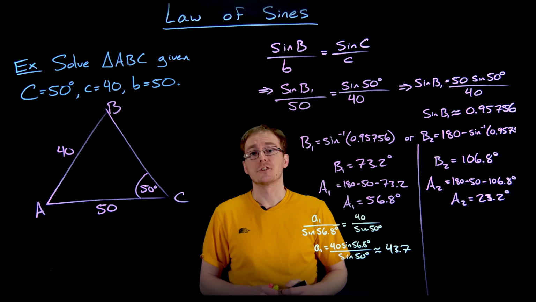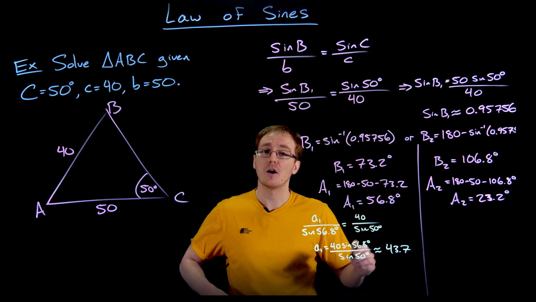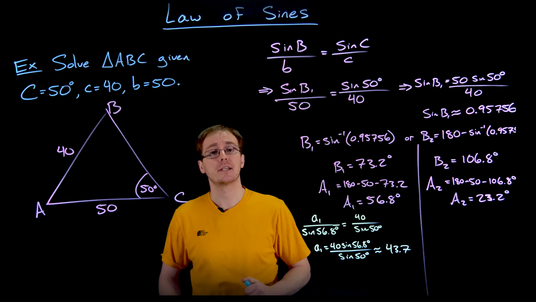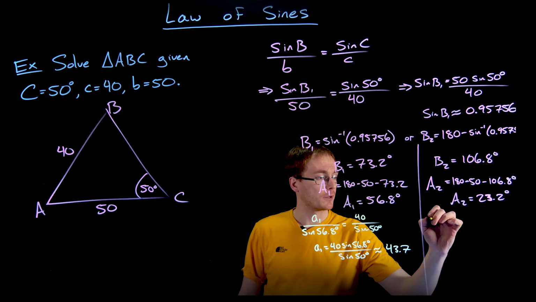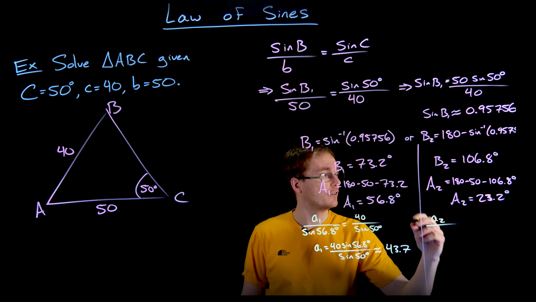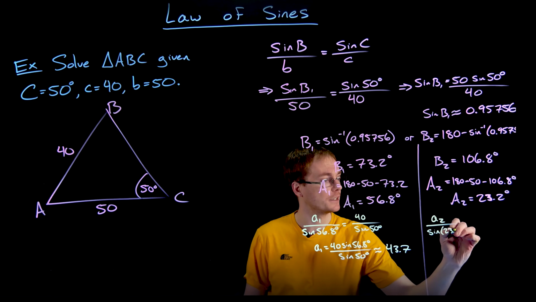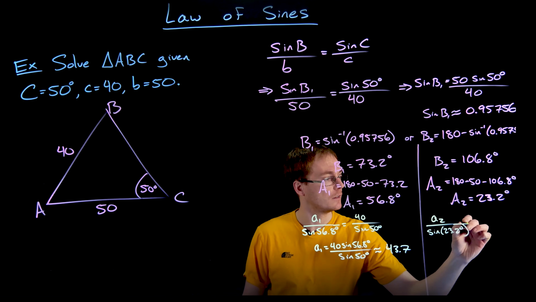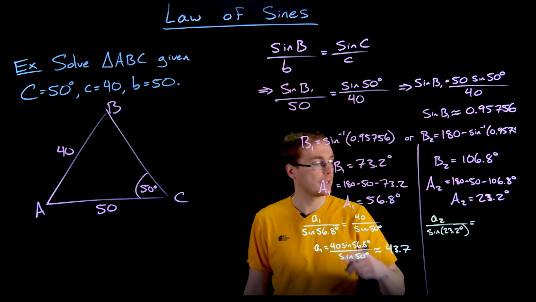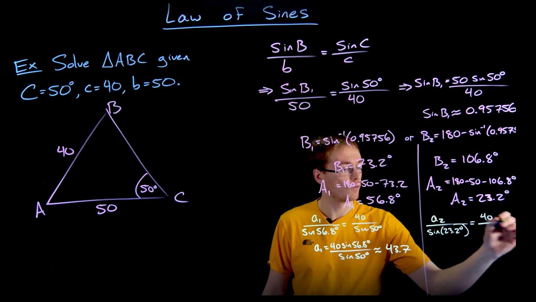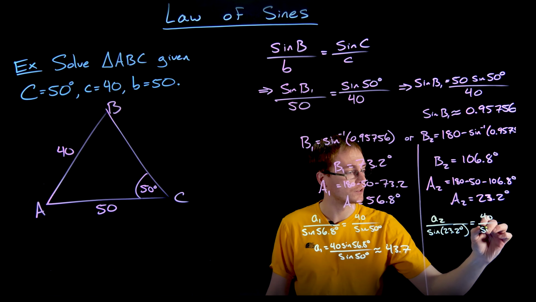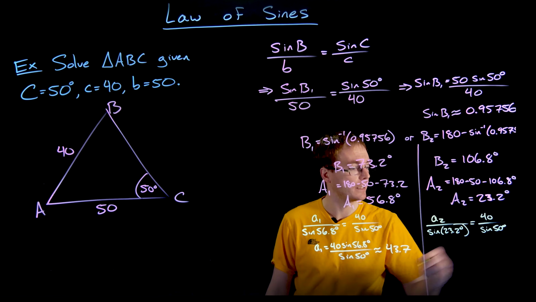All right, we also have to solve for little a2 for our second possible triangle here in the ambiguous case of our law of sines. So for that setup, we're going to have little a2 over sine of angle A2, so that's sine of 23.2 degrees. And that's going to be equal to side length C, or 40, over sine of 50 degrees yet again.